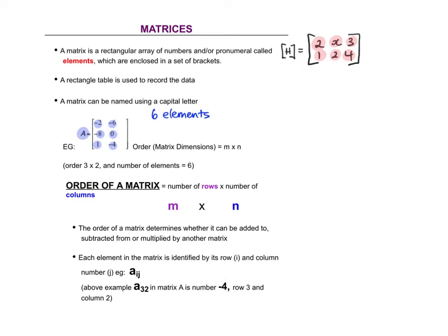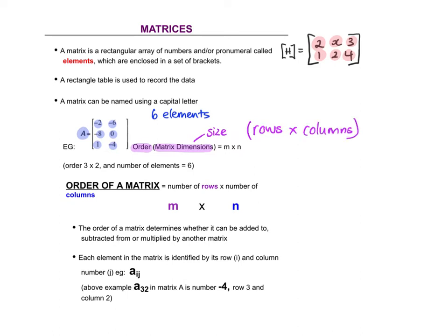With matrices, we often talk about the order of the matrix. The order of the matrix is either the dimension, or you might refer to it as the size, okay? We always say how many rows it has by how many columns it has.